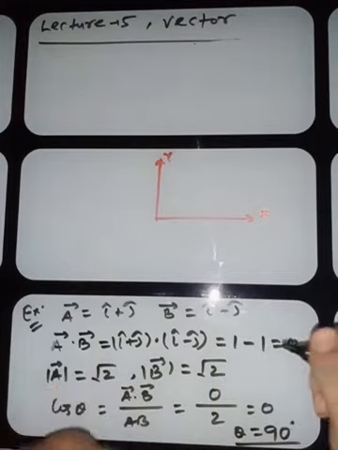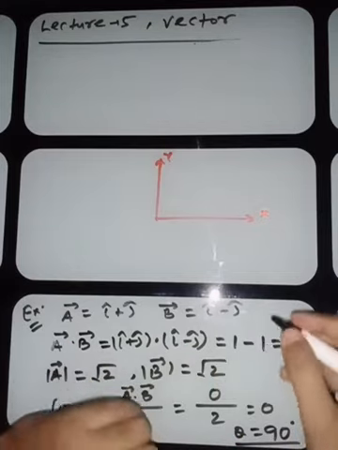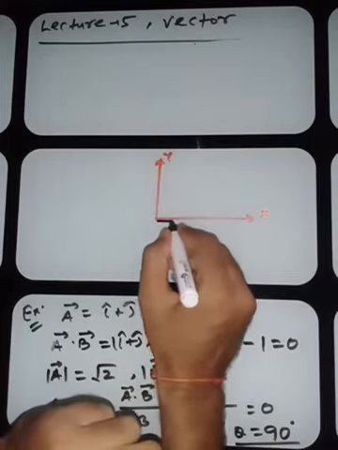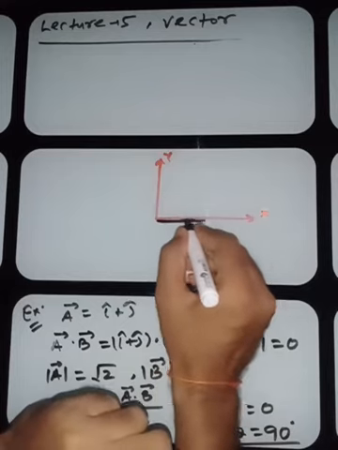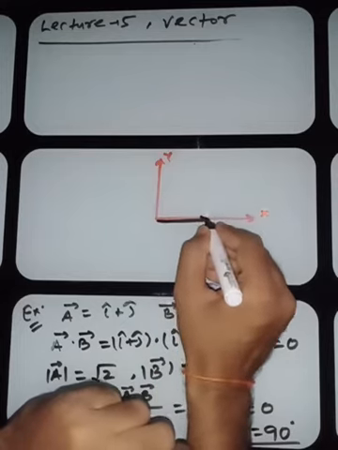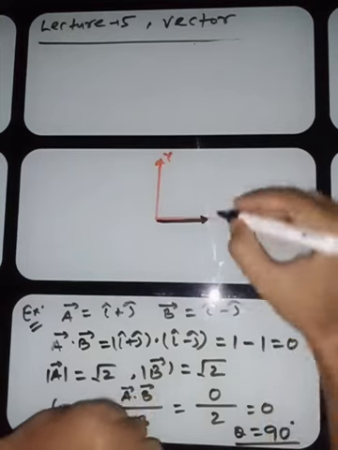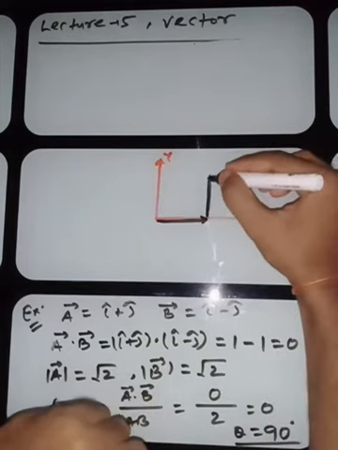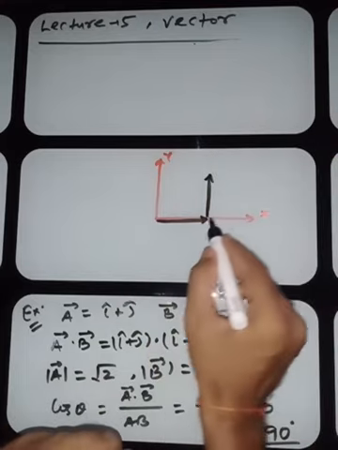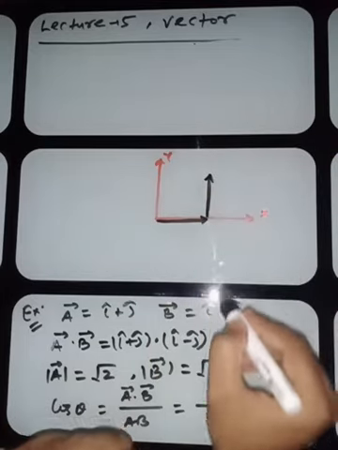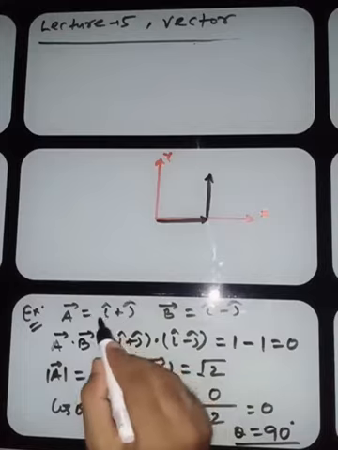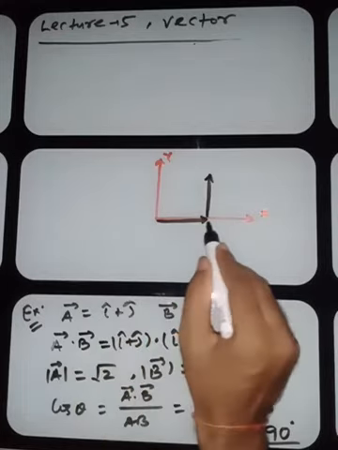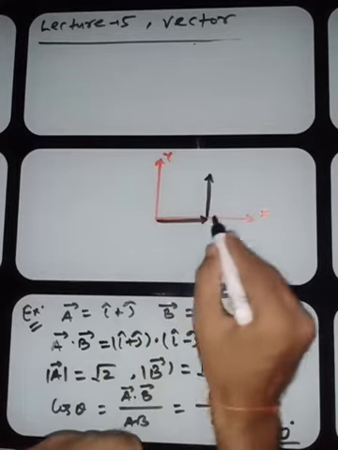Let me draw this vector A. Along the x-axis suppose this is 1 unit, and along the y-axis suppose this is 1 unit. It is quite obvious that if this side and this side have the same magnitude, because this is 1 and this is also 1, then both are the same.